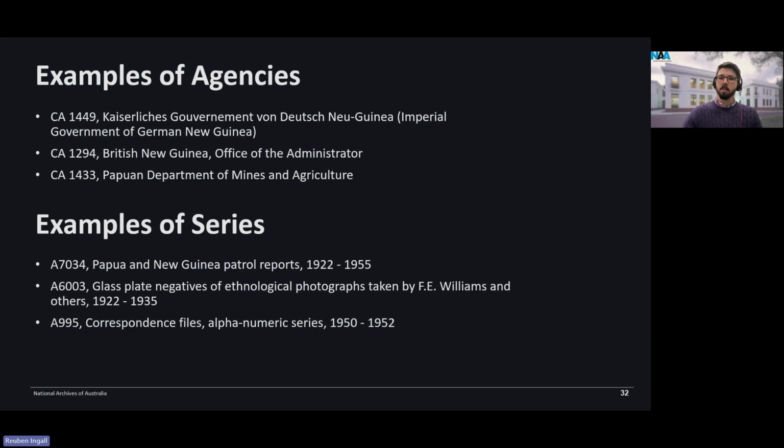Underneath that, series. A series is a group of records that has a similar format or information content, or that's resulted from the same accumulation or filing process. So they usually contain items in a sequence that's numerical or alphabetical or chronological.